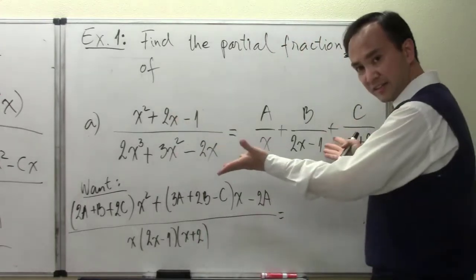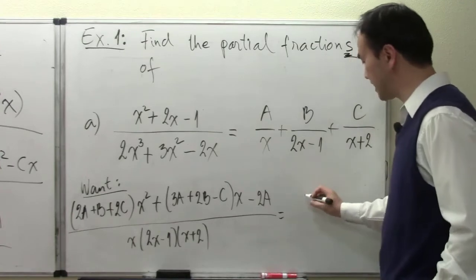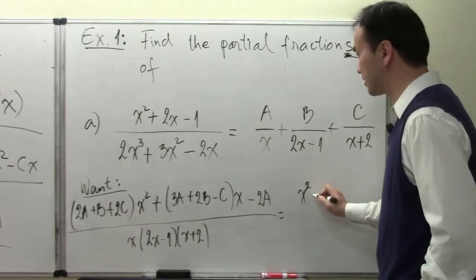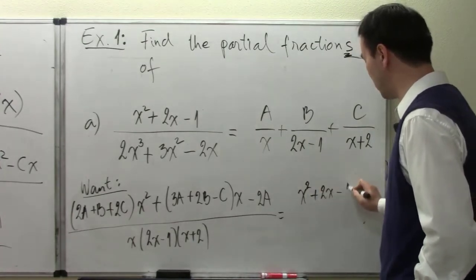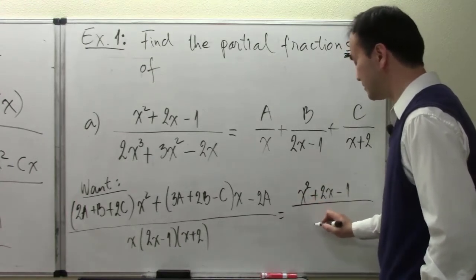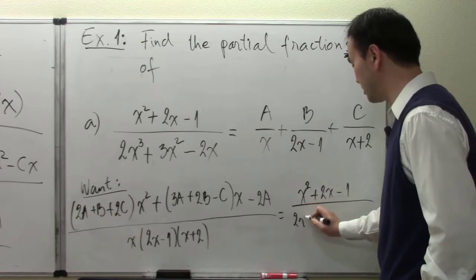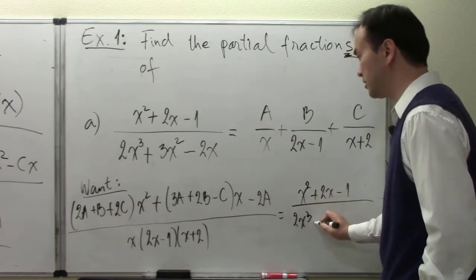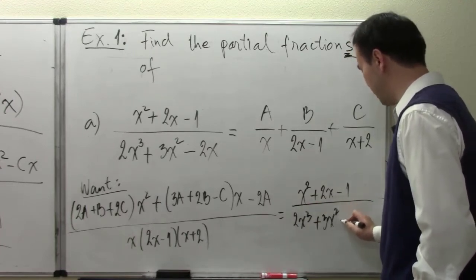So I want all of that to equal x squared plus 2x minus 1 all over the whole denominator, x cubed plus 3x squared minus 2x.